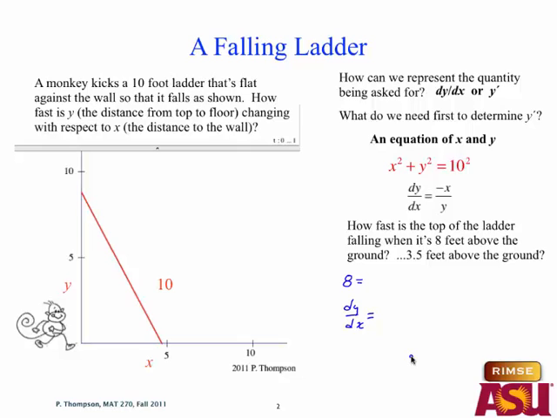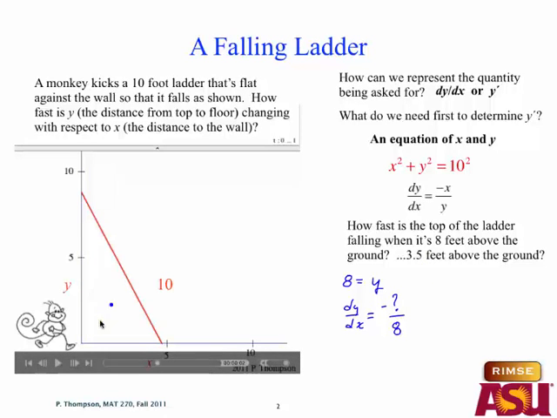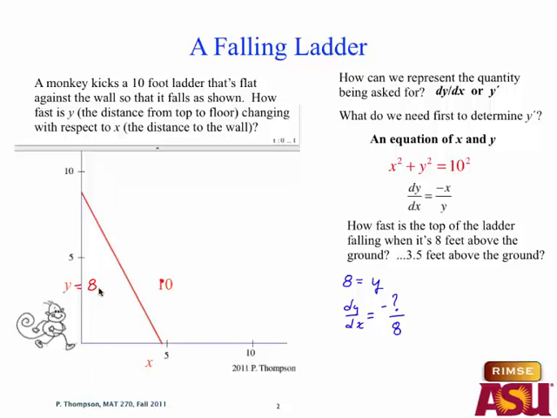What is 8 equal to? What is 8 in this situation? That's y. And what do we need to find dy/dx? Just y? No, we need x too. How are you going to get that? Negative what over 8? How'd you get 6?